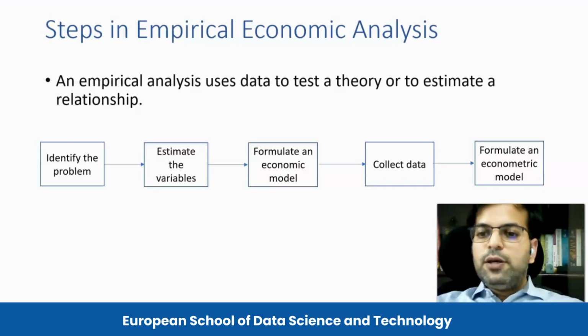That is by far the motto of any statistical model. You need data in order to test a hypothesis or estimate a relationship or causality between two or more variables. Speaking strictly in the sense of empirical economic analysis, we narrow it down to 5 different steps.